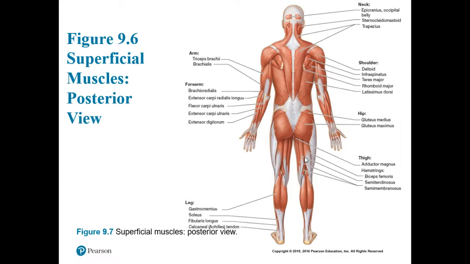All right, first, they originate on the posterior but superior end of the femur. Okay, so that's where it originates, and then it inserts onto the tibia and fibula, right, of the lower aspect of the leg.